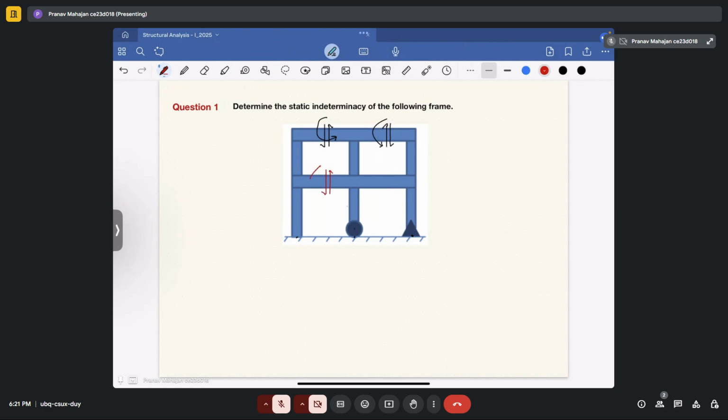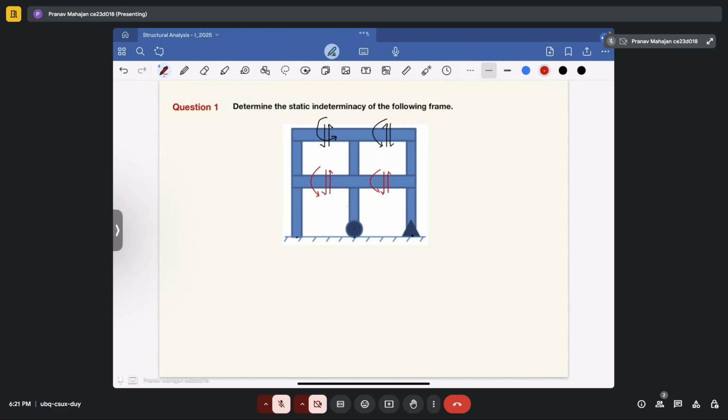So these are the unknowns that you are expected to calculate. In every beam or frame you are expected to calculate the unknowns, which are shear as well as the displacement. So these are the unknowns in the members.